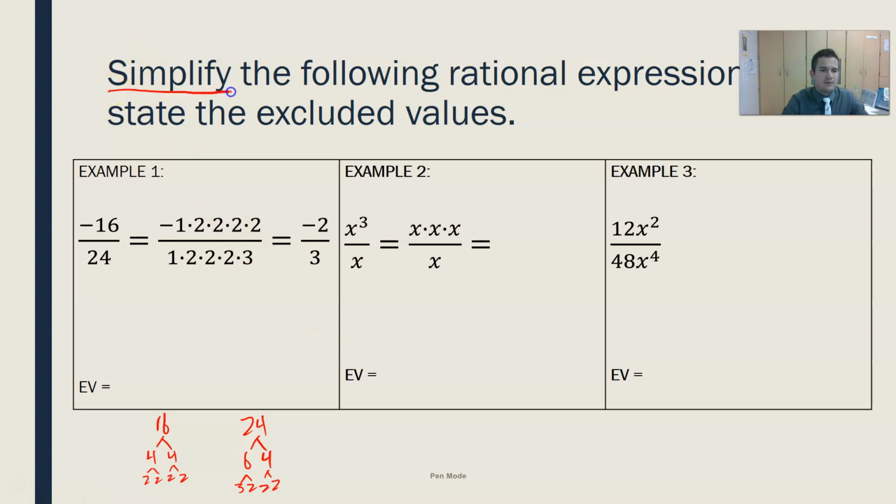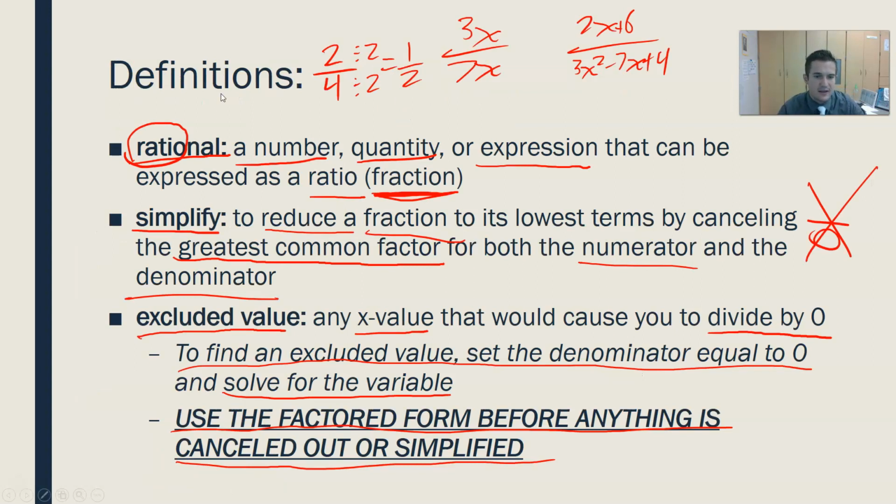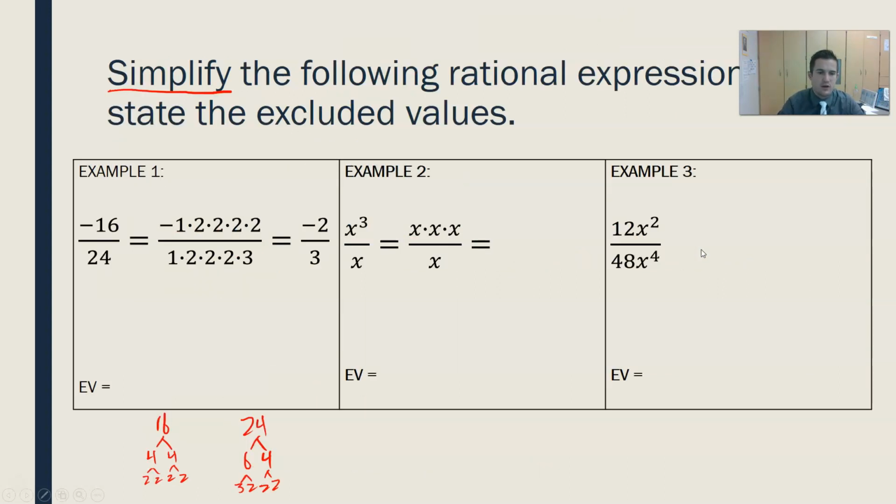So to simplify, if there are any similar numbers, simplifying is reducing a fraction to its lowest terms by canceling the greatest common factor for both the numerator and the denominator. So the greatest common factor in the numerator and the denominator would be these 3 2's.